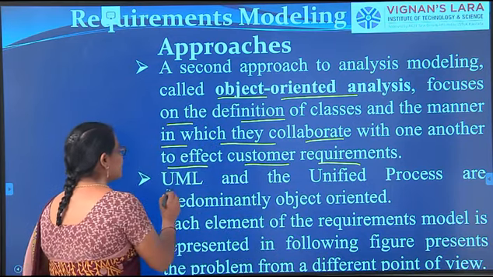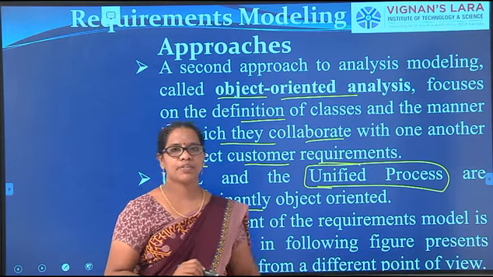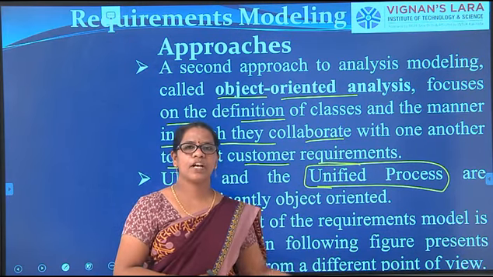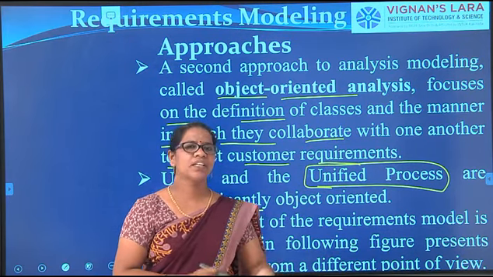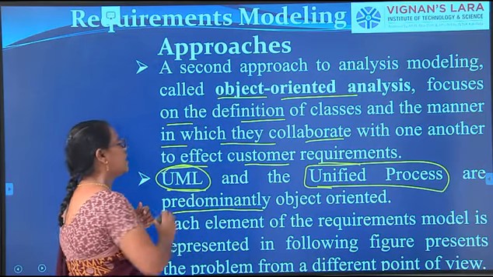The next point is that UML and the Unified Process are predominantly object oriented. I mentioned the Unified Process in the first unit, the last topic of the first unit. In the Unified Process, they take some activities, such as communication and planning, so they go for a process model. And also UML, Unified Modeling Language.